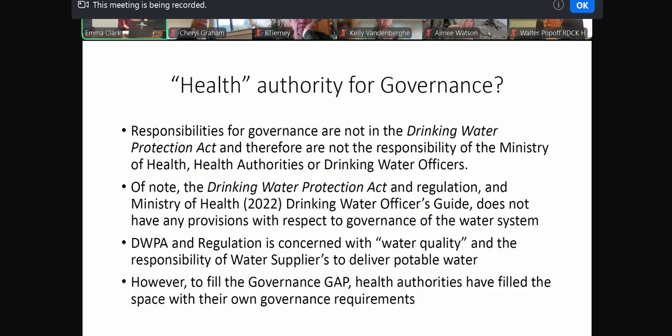This presentation is really trying to fill this governance gap from the side of the authorities of the small water systems themselves. I just want to clarify, this is the critical juncture of the presentation. I'll move to the next slide.